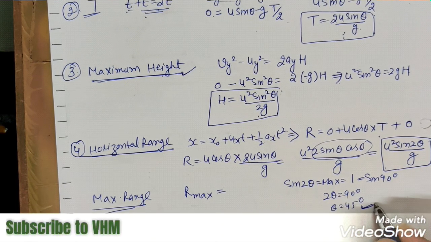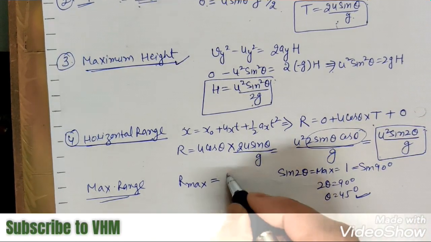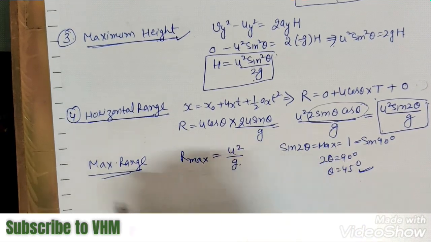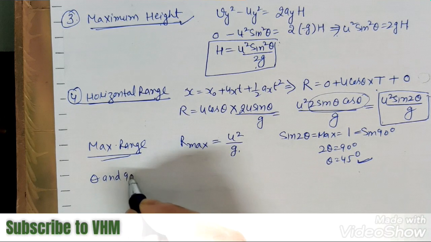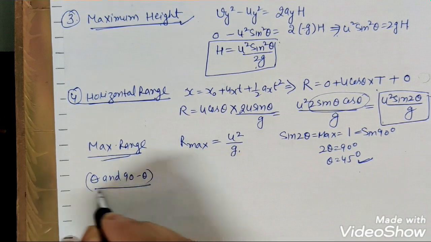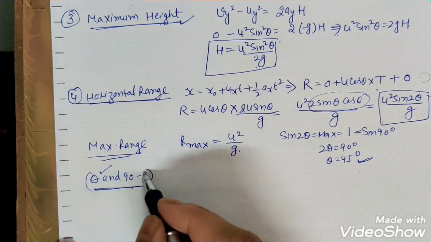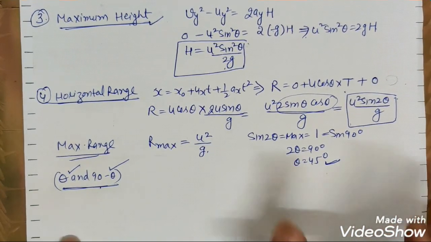So keep in mind that at 45 degrees the horizontal range is maximum, and that is equal to u square upon g. And one more thing: for theta and 90 minus theta, the range is the same.